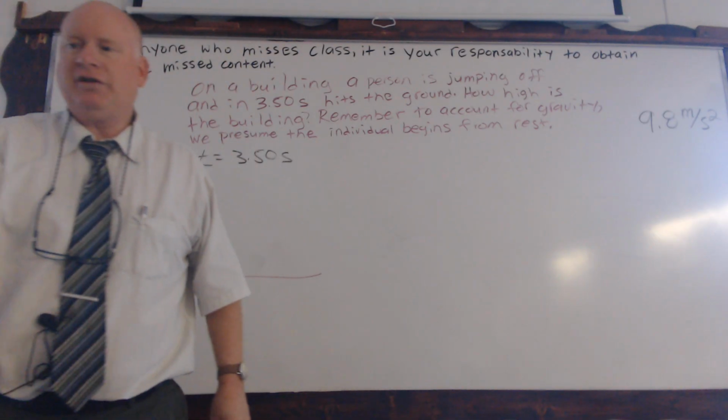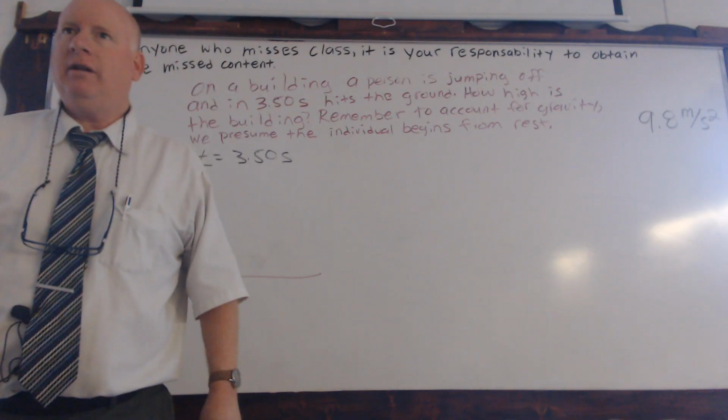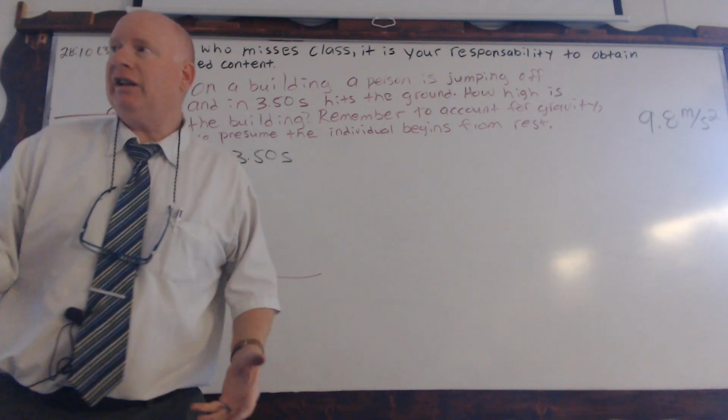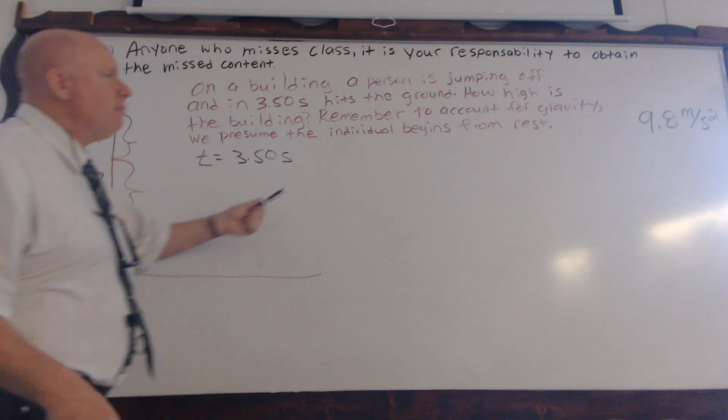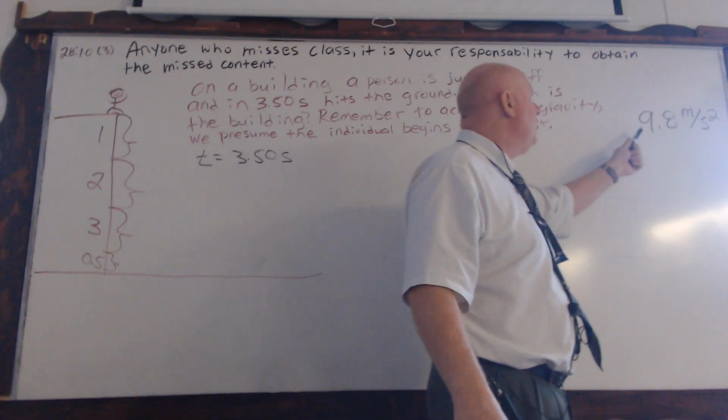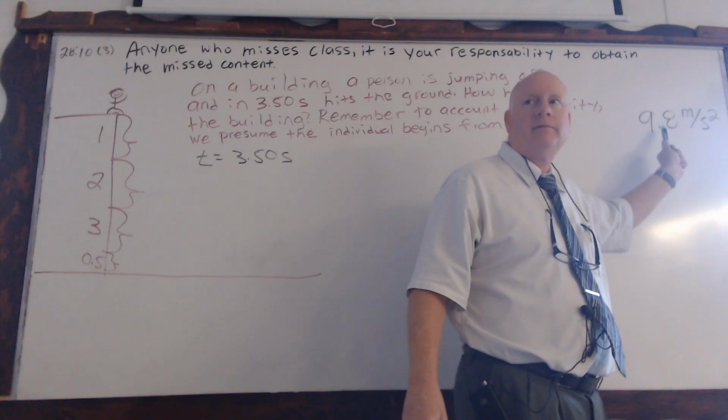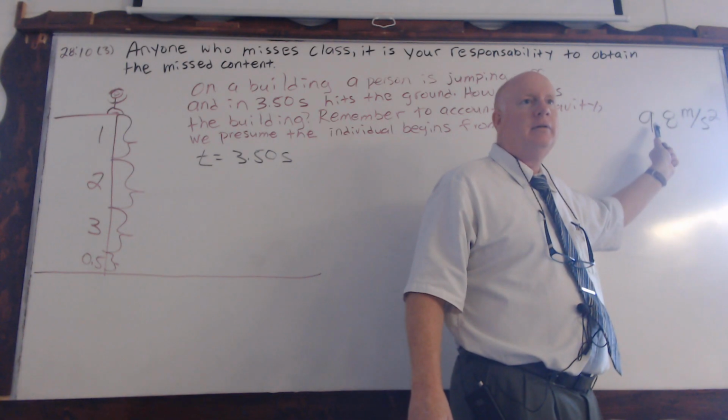But in a horizontal one, it probably won't be 9.8. It can, but chances are it's going to be greater or less than that. Okay, so we know the acceleration then. And even if we didn't put a variable over here, how do we know that this is an acceleration? Because that's how fast it's pulling down. Well, true.